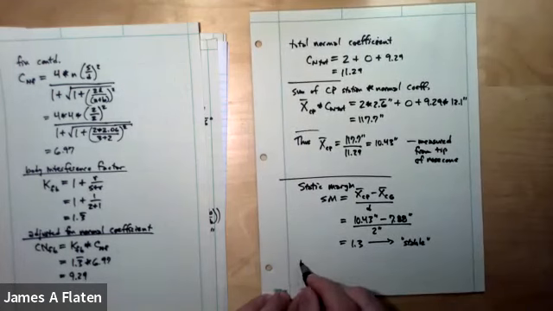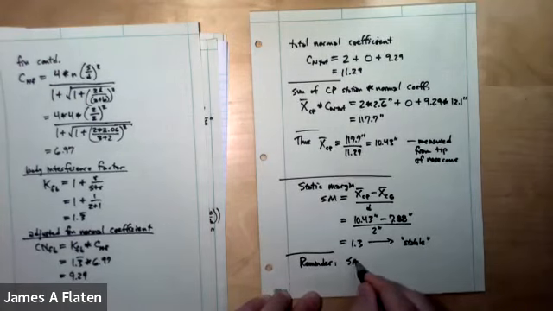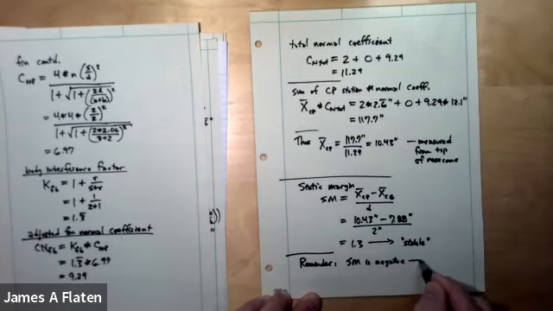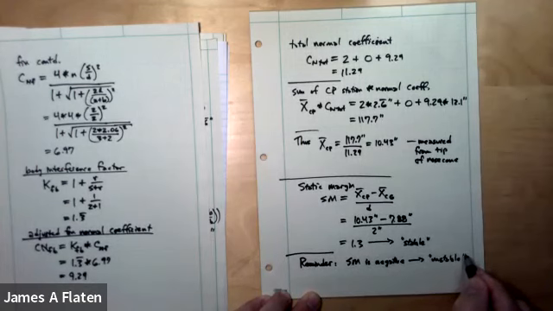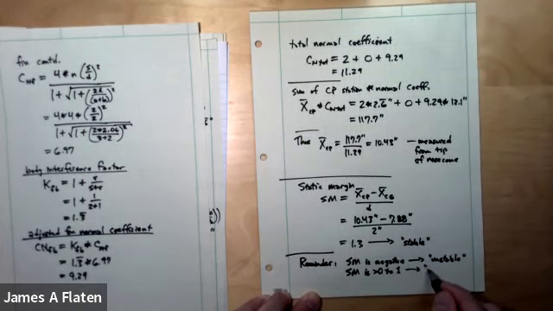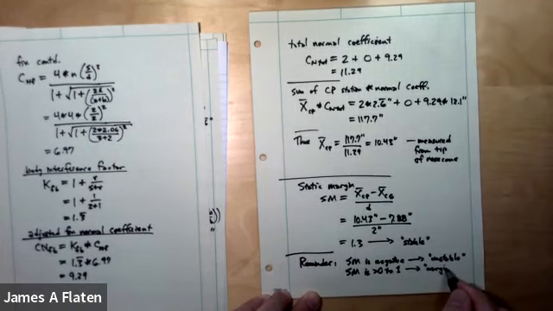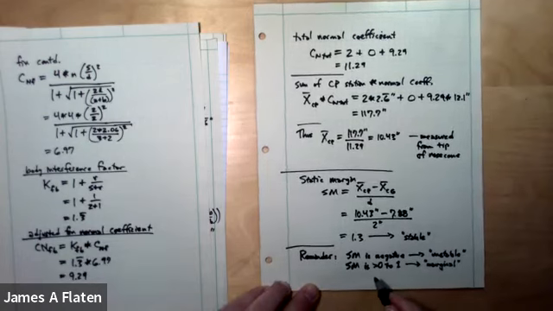So just a reminder: if the Sm is negative, it's unstable. If the Sm is greater than 0 to 1, that would be considered marginal. It's stable, but it's not great.